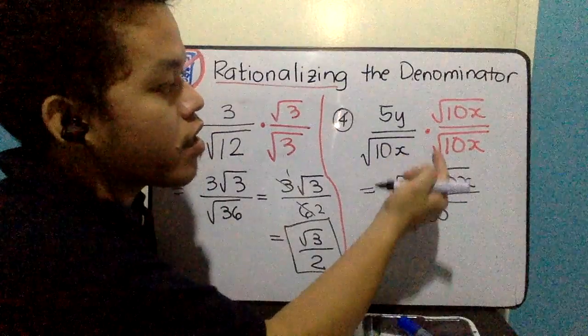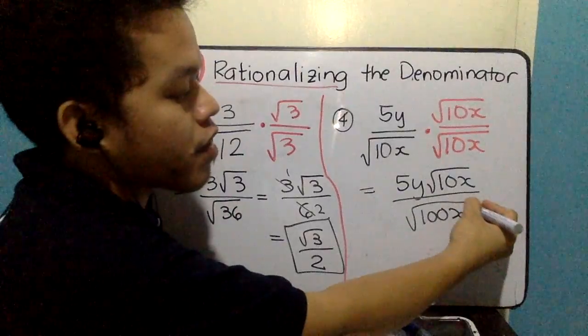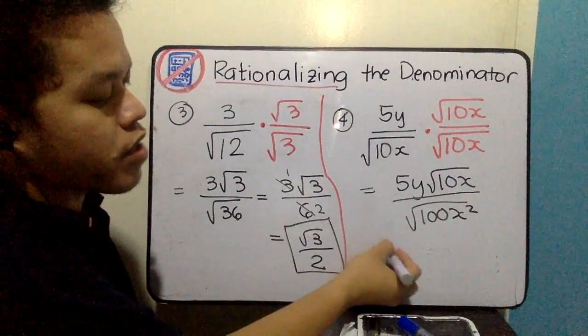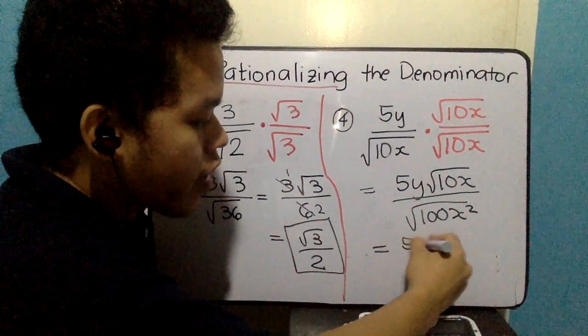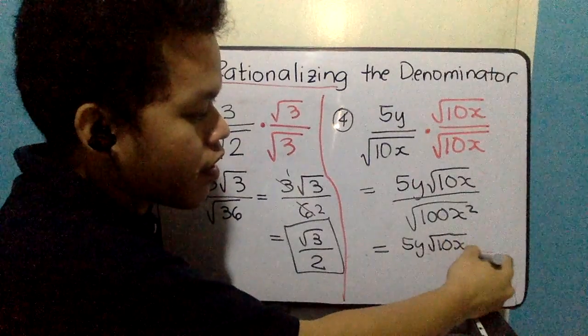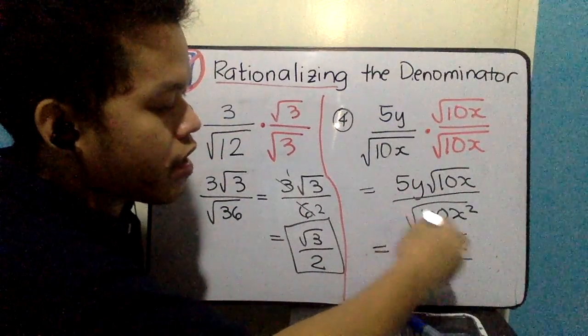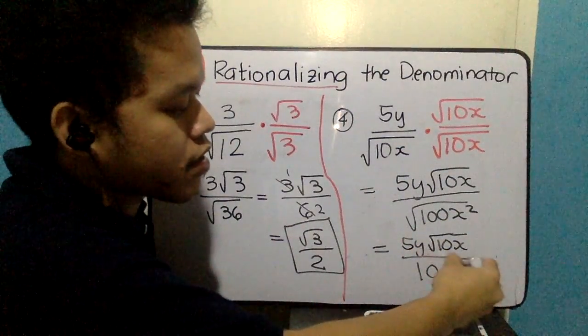And we always include the variable, because variable can also represent an algebraic expression or just a number. Okay, so that means that will give you 5y square root of 10x. You cannot simplify it further. Now, when you do this, square root of 100 is 10, and square root of x squared is just x.